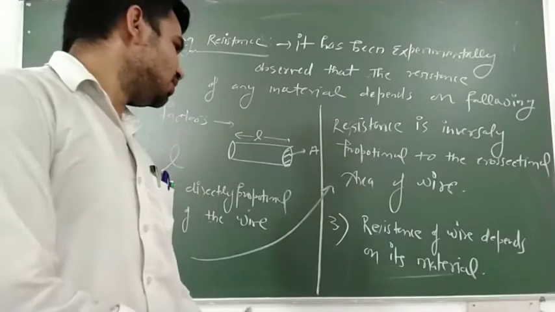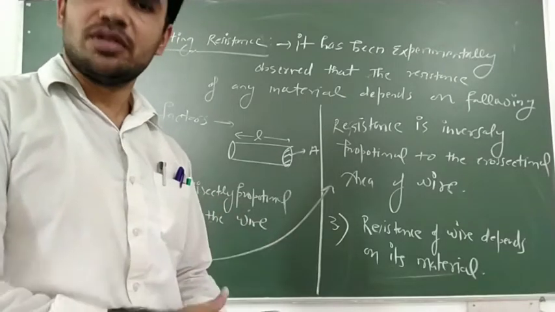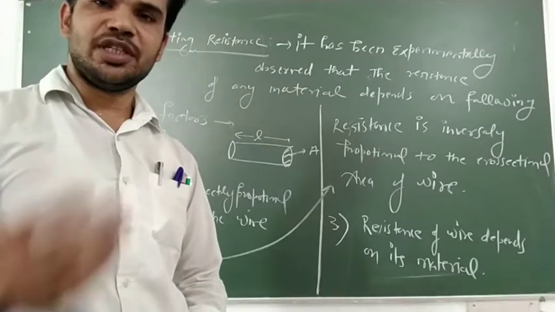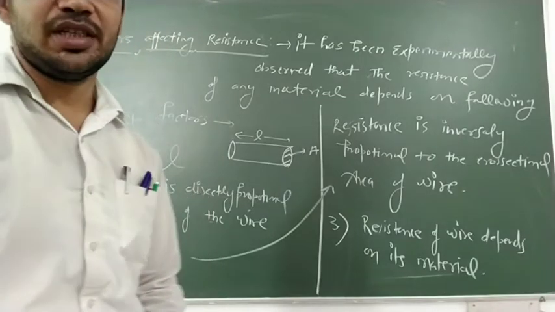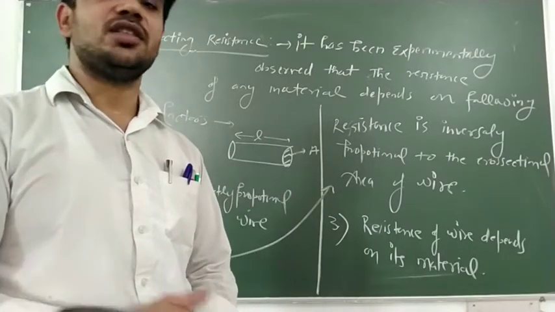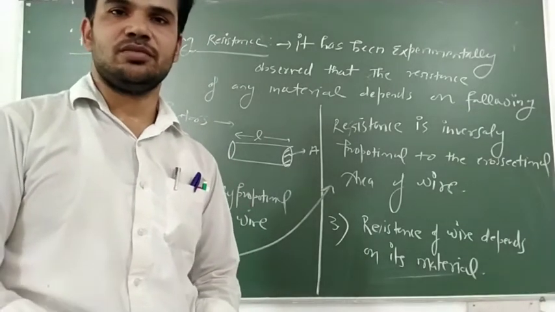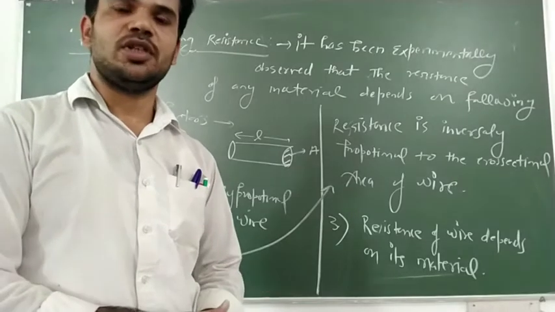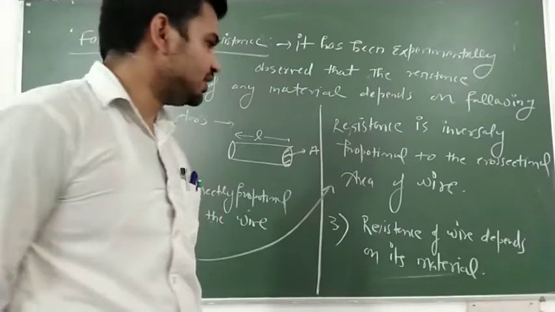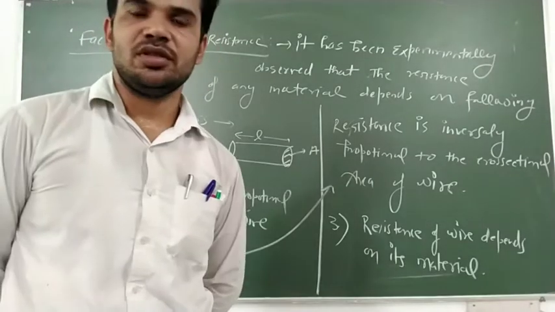As an example, the resistance of copper wire is different in comparison to the resistance of aluminum wire, the resistance of nickel wire, the resistance of iron, the resistance of steel, and so on. Because the materials of all those substances are different. So the resistance of the wire depends on the material also.